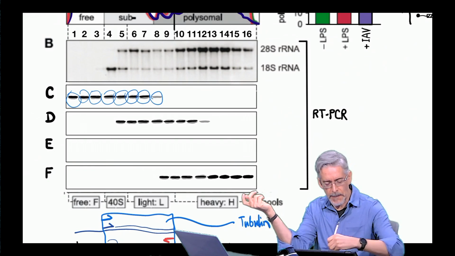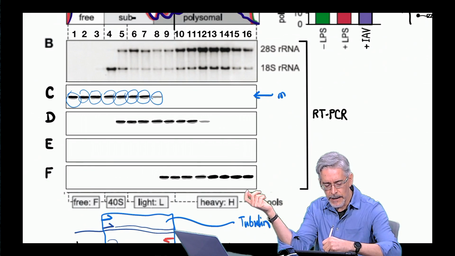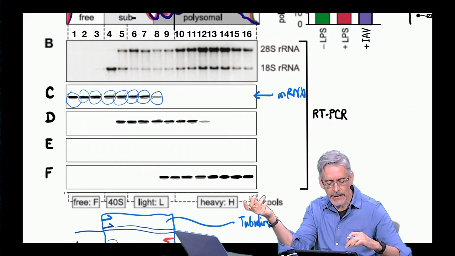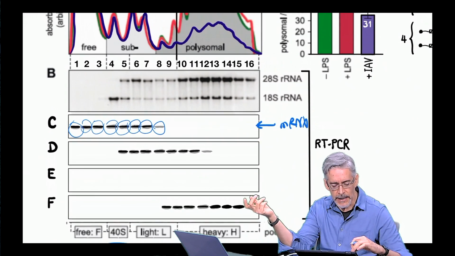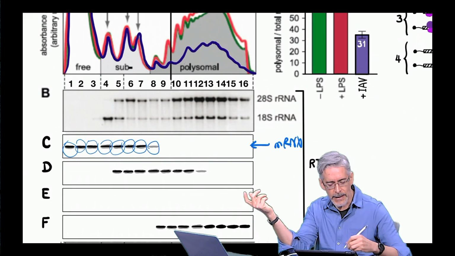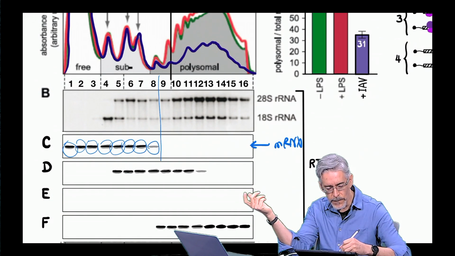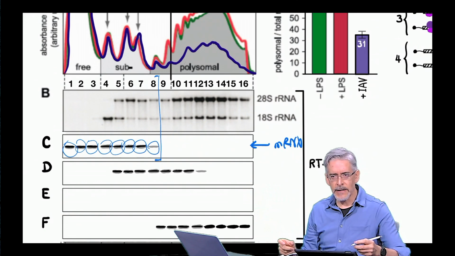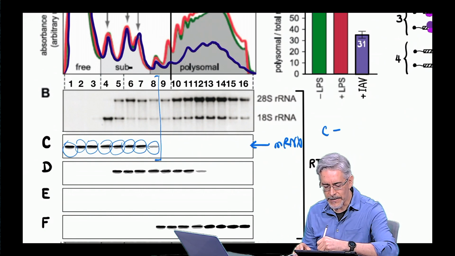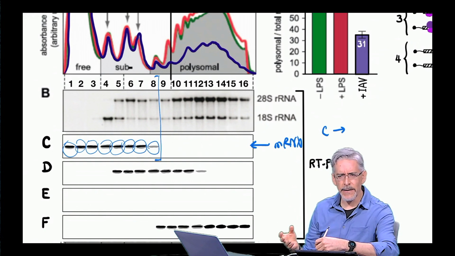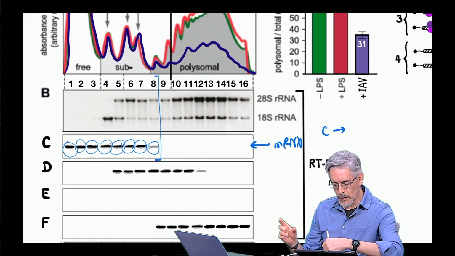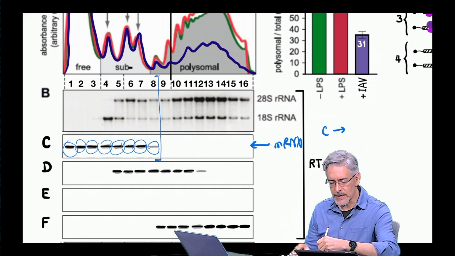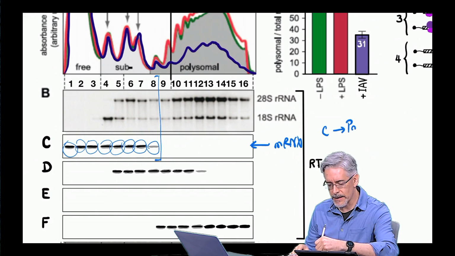The messenger RNA being evaluated here in panel C is found in only the very first few regions of the sucrose gradient, which indicates that transcript C is not really being very well translated. So messenger RNA C is poorly translated.